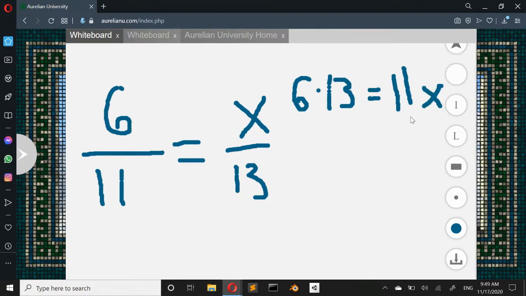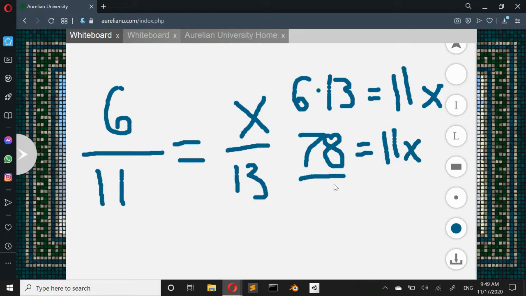So I chose these because these are two prime numbers, make it a little bit more tricky. So 6 times 13 is going to be 60 plus 18 is 78, is equal to 11x.